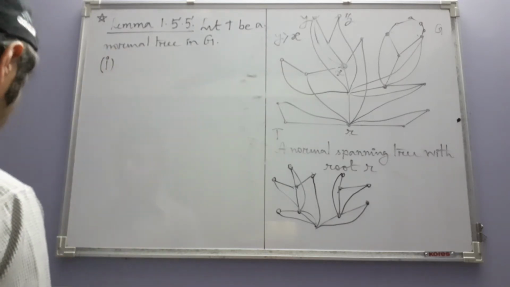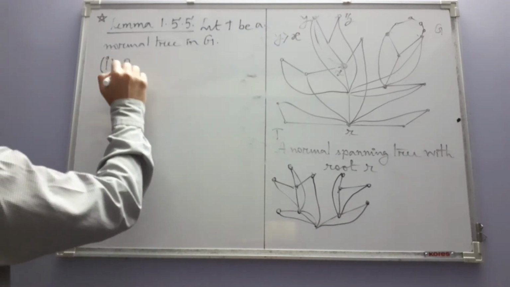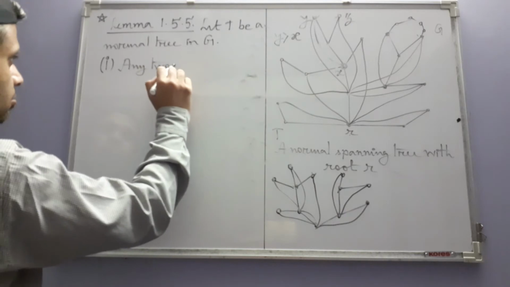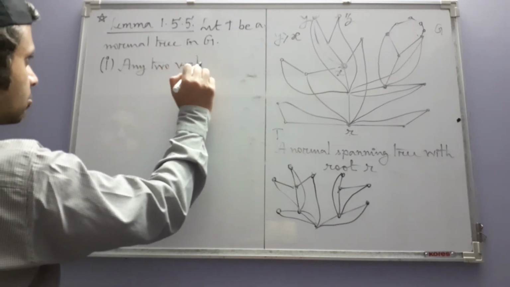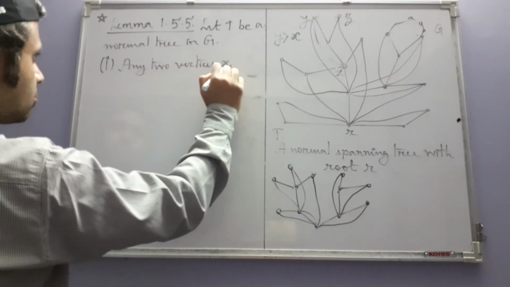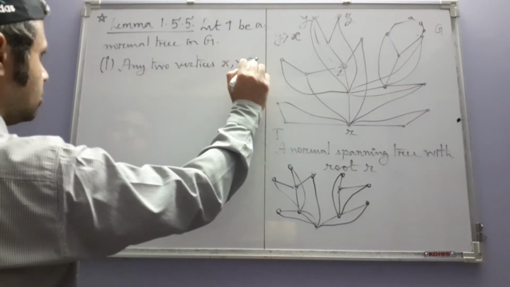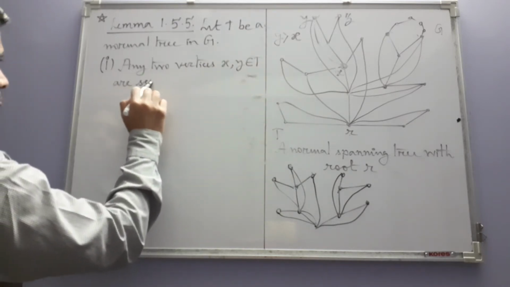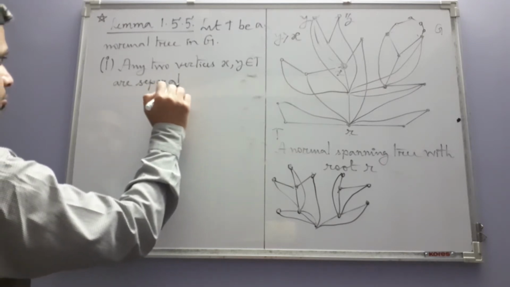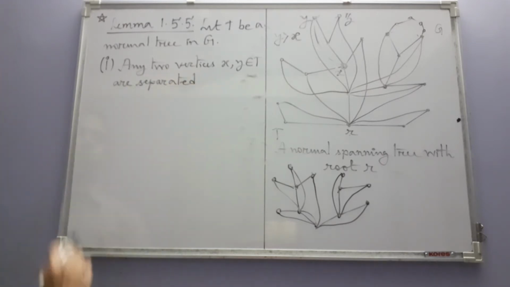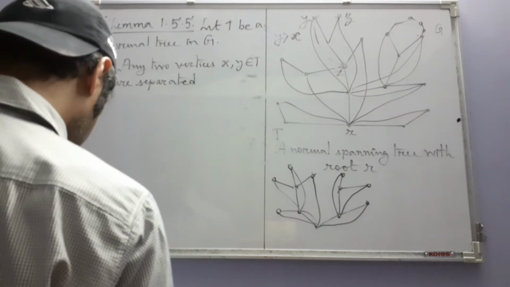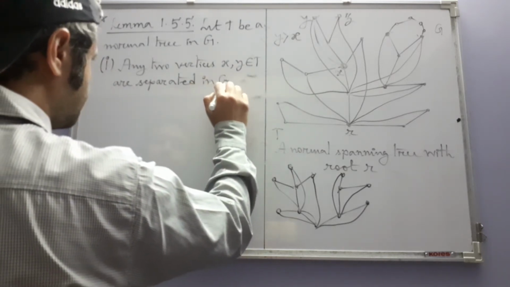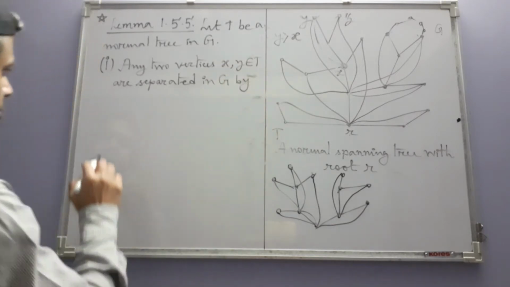Part 1: any two vertices x and y in T are separated in G, of course, by this set.